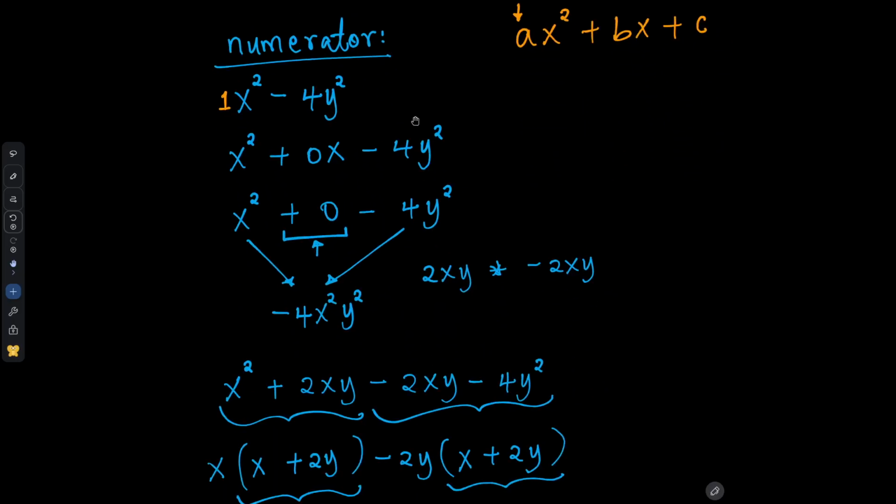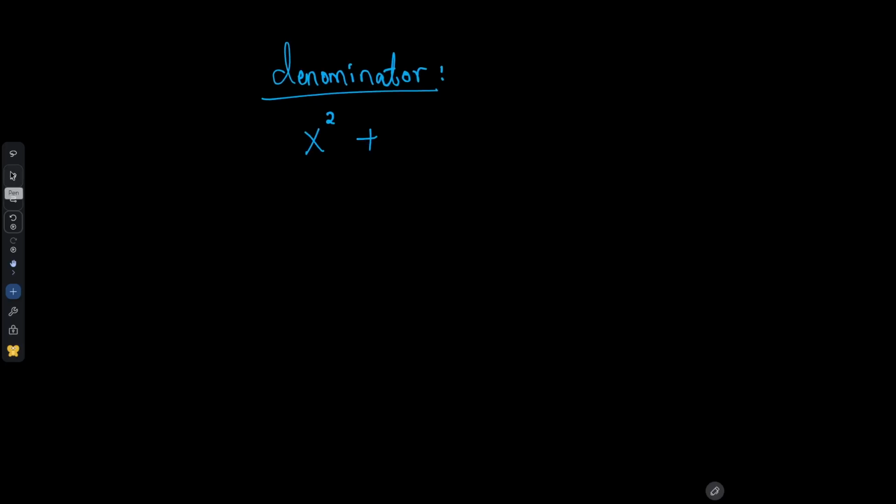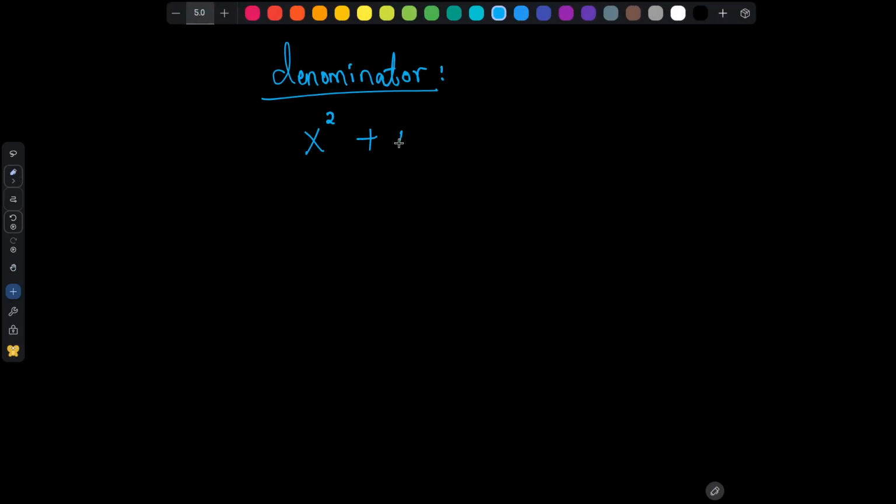Yes, x squared plus 4xy plus 4y squared. So this is now clearly a quadratic expression. It's not as hideous as the numerator, so we just go ahead and use the factorization method.